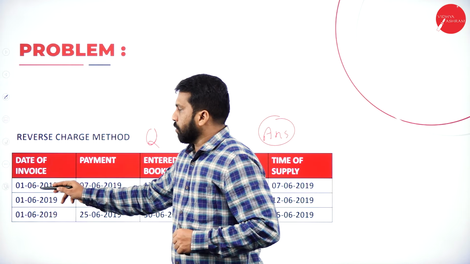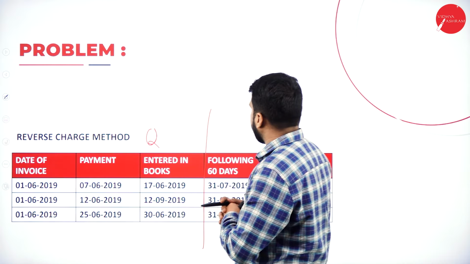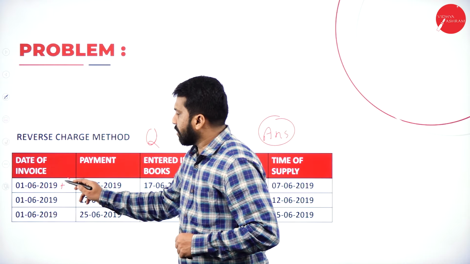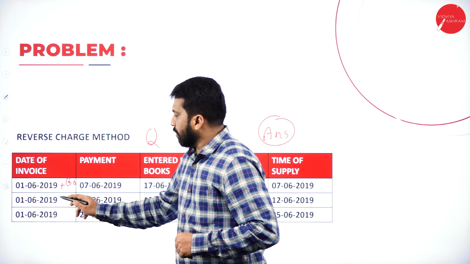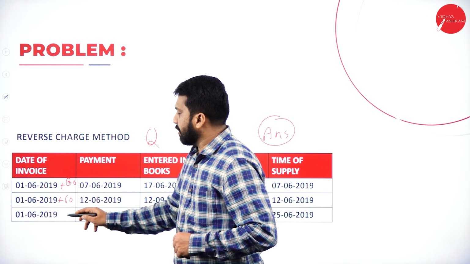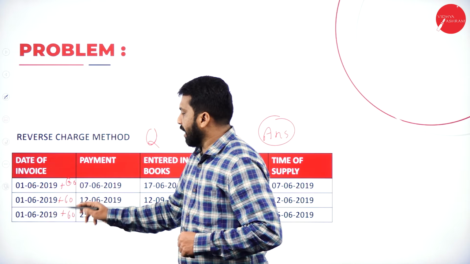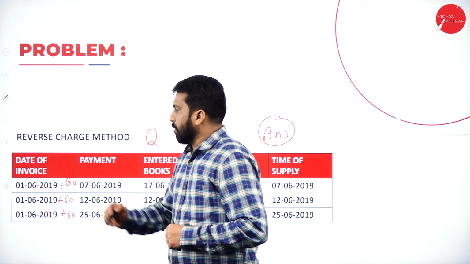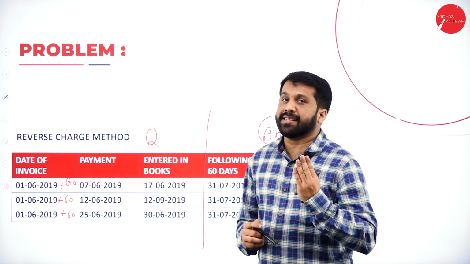Date of invoice 1/6/2019. Now, for this, you should add 60 days. For this, you should add 60 days. For this, you should add 60 days. Now, add 1/6/2019, exactly 60 days.